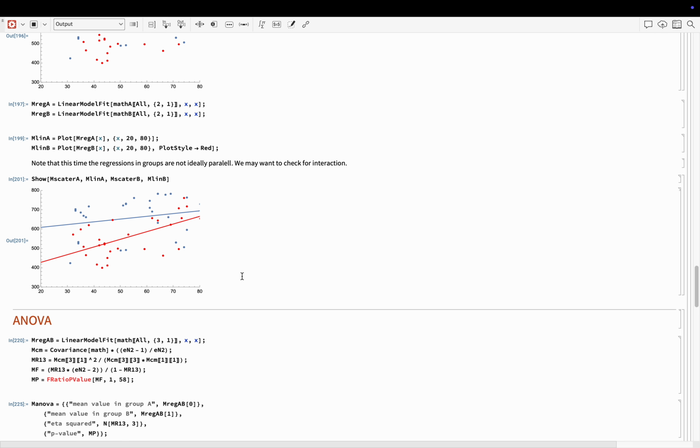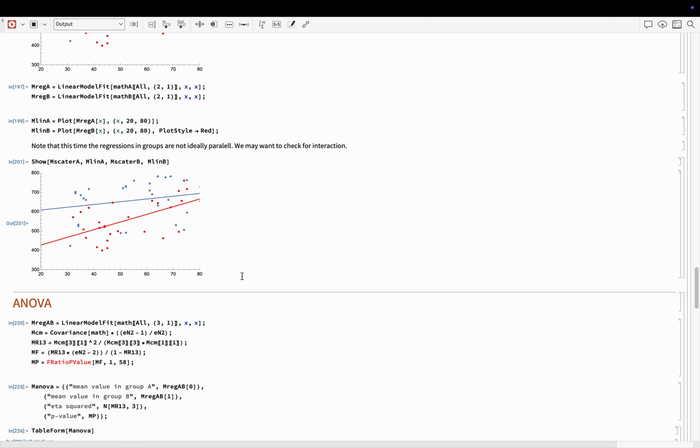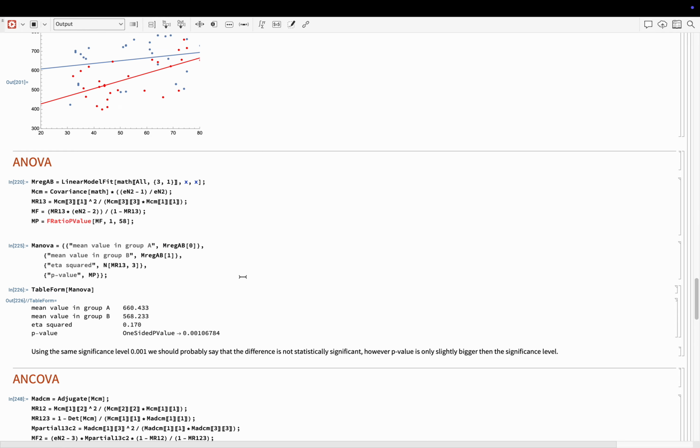If we find the interaction statistically significant, then we should abandon this analysis or use the Ancova version for interacting variables. For the sake of the lecture, we will assume that the interaction is not significant, and then we can proceed to the analysis.